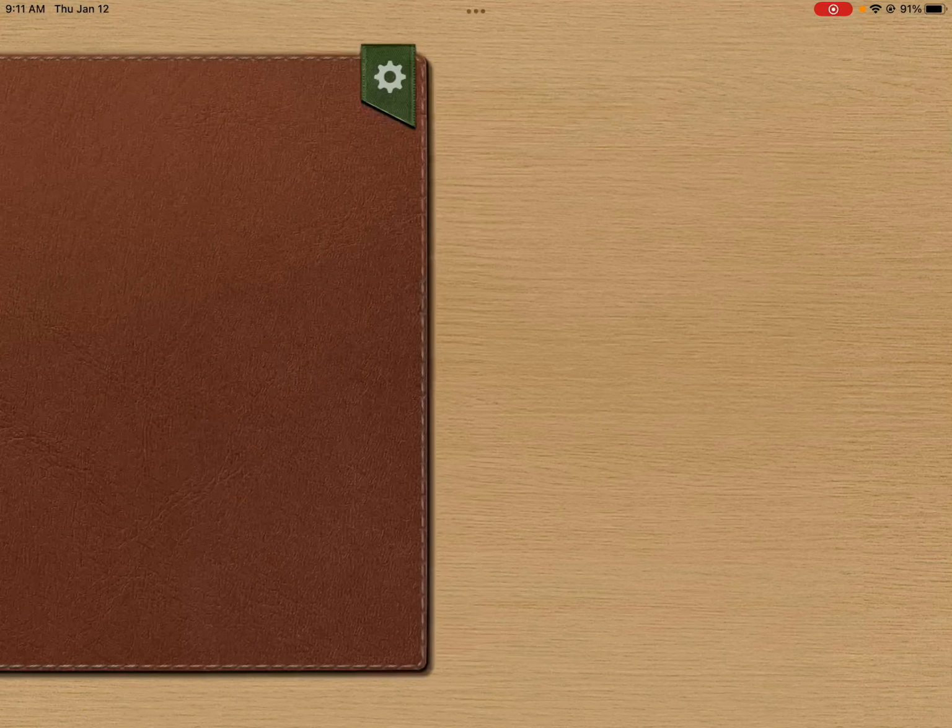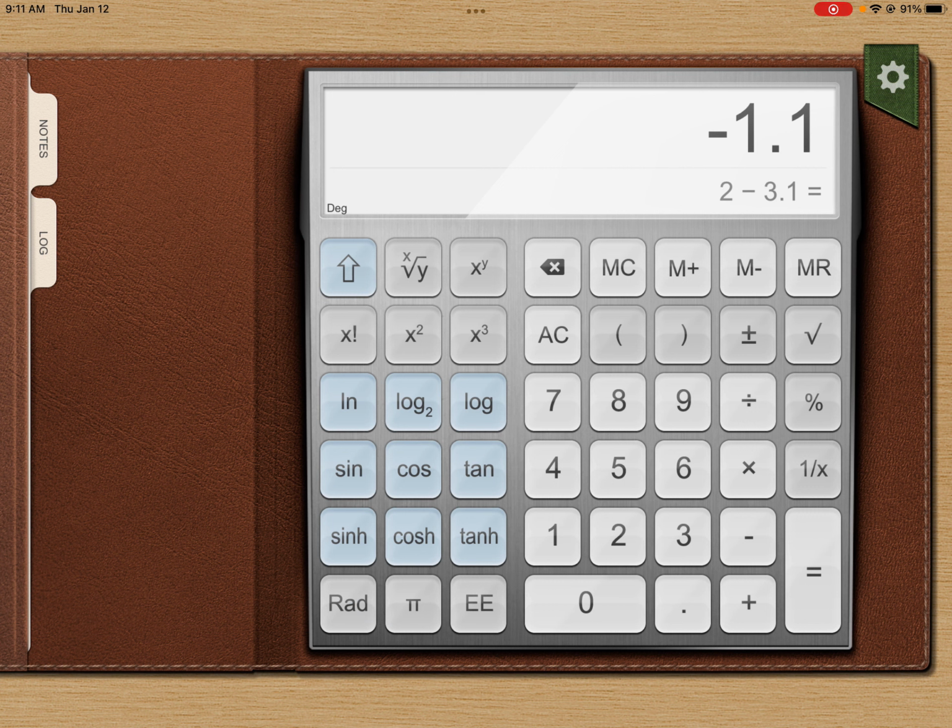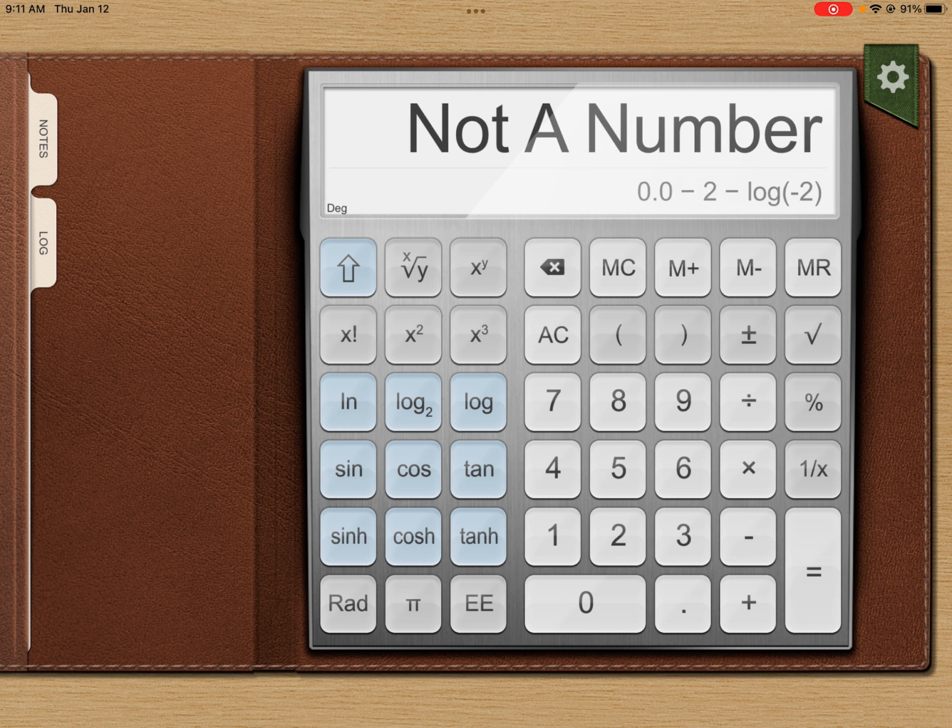Now, I'm sort of experimenting here. I don't use all these calculators. I generally use the TI one. So log negative 2. Well, this one I might have to hit negative 2 first. Negative 2, log. Okay, not a number. It does not give me an answer.